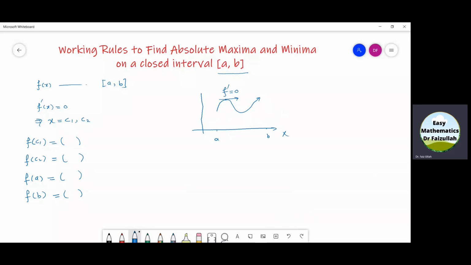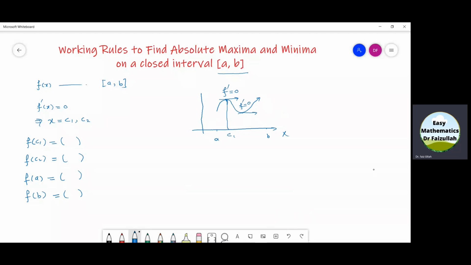So this one is the critical point. And another critical point at which the tangent becomes parallel to the x-axis, the derivative of the function must be 0 at that point. So we have two critical points.